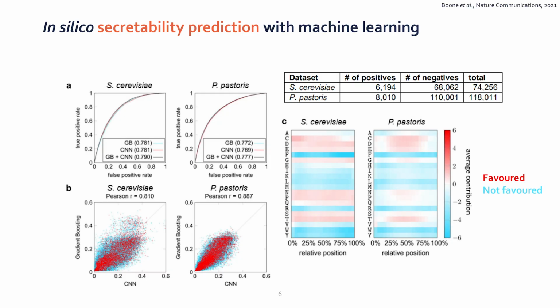And then lastly, we also tried to find out exactly what features our model learned, which we plotted on the colorful plot there on the right. What we did is we plotted the amino acid sequence with the relative position inside the sequence. If it's in blue, it means that the amino acid was not favored for secretion, and if it's in red, it means it was favored for secretion.